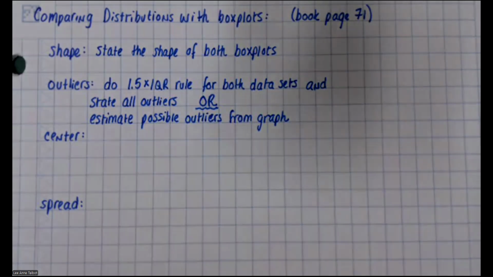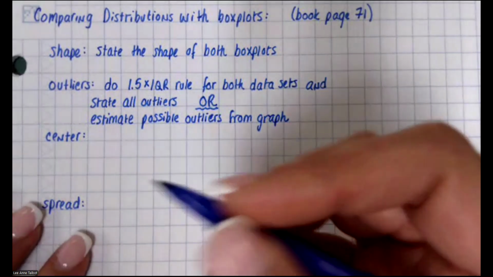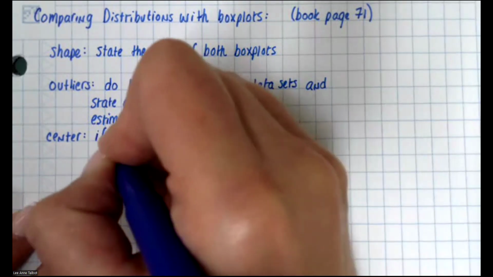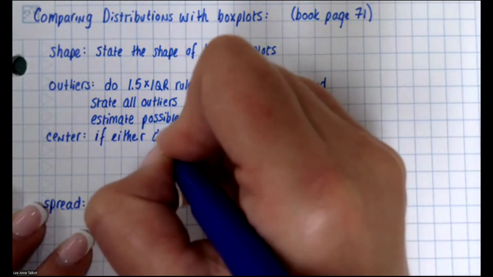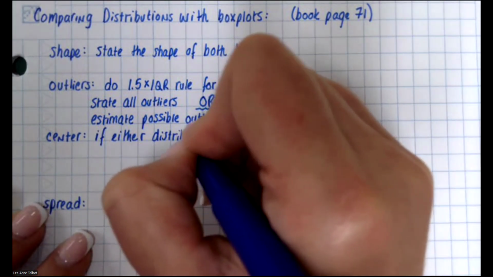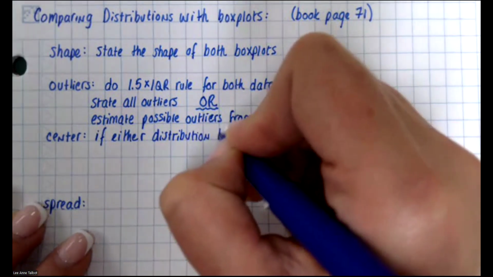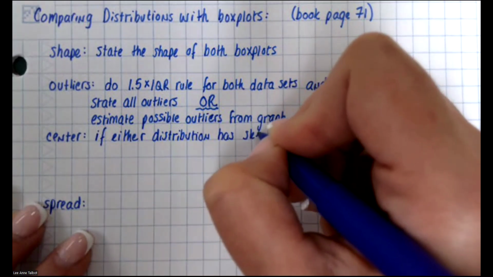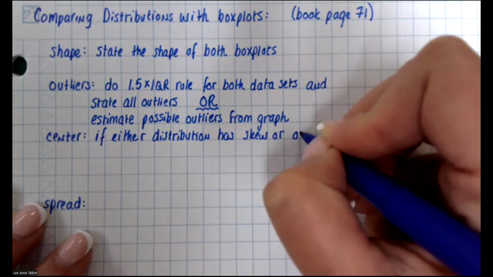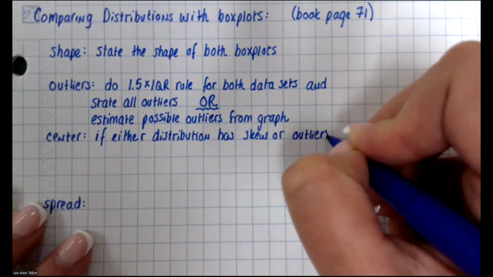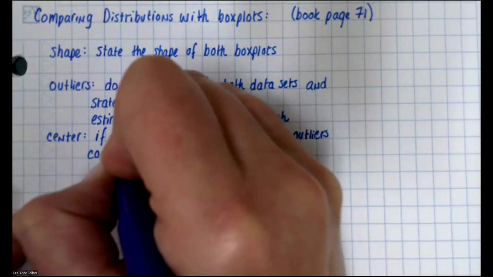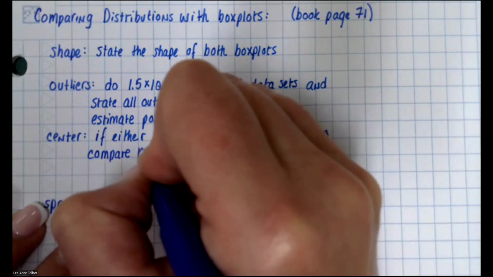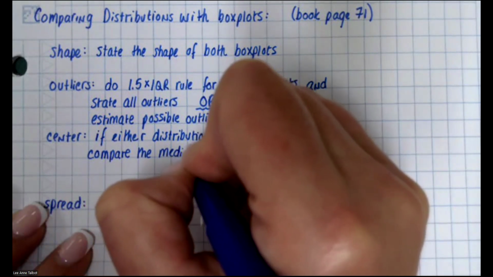Okay, now for center, if either distribution has skew or outliers, compare the medians.